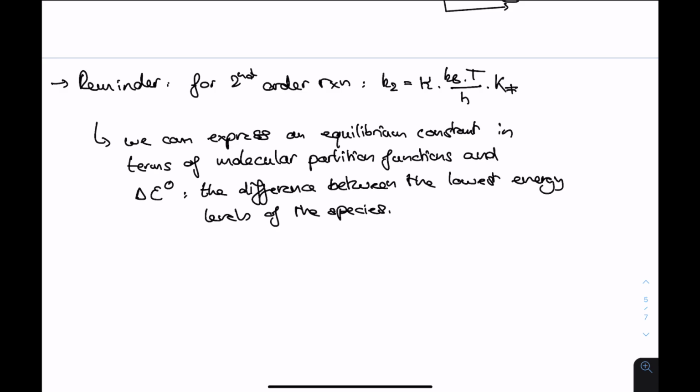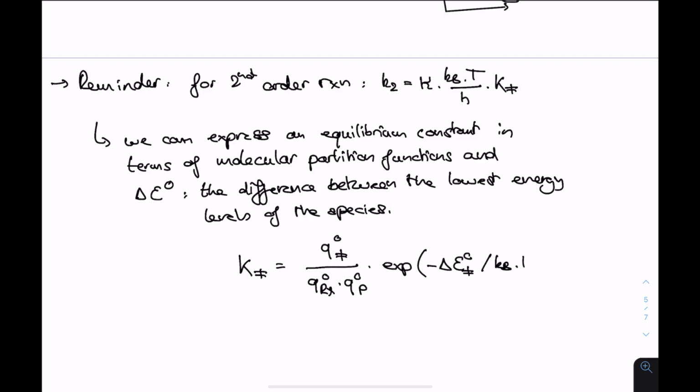Okay, so let's see what that looks like. So we have the equilibrium constant of the transition state, which will be Q of the transition state over Q_R_X times Q_P, times exponent of delta epsilon 0 over kB T.